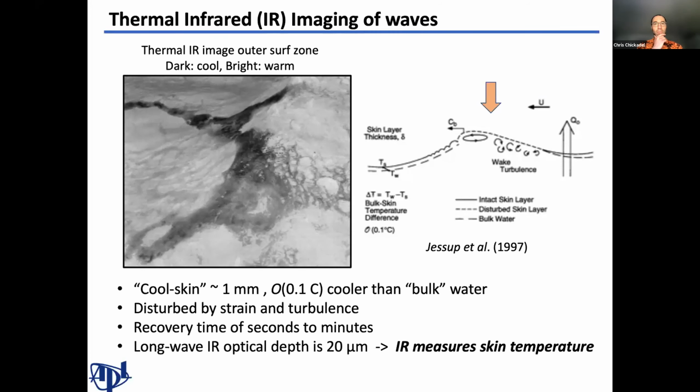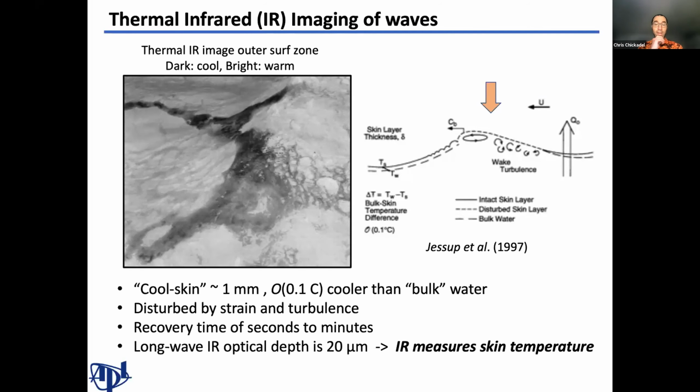The imaging mechanism of thermal imaging is actually looking at the cool skin. The long wave IR optical depth of the camera that was used to take this image is about 20 microns. It's seeing the very, very thinnest skin at the surface. The reason we see such apparent temperature variation is because of a phenomenon called the cool skin.